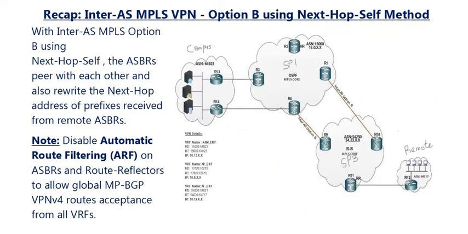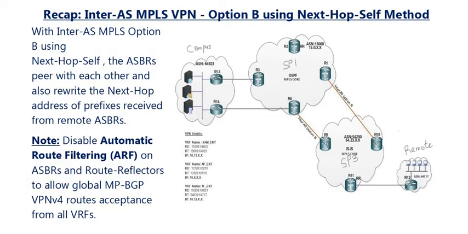When using the next-hop-self method, you are basically configuring the ASBRs of your local ISP to rewrite the next-hop address of prefixes that are received from the remote ASBR.